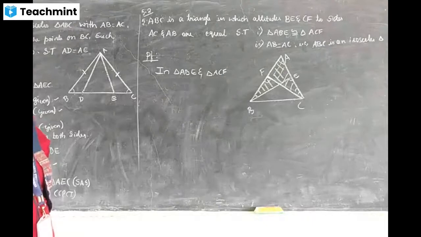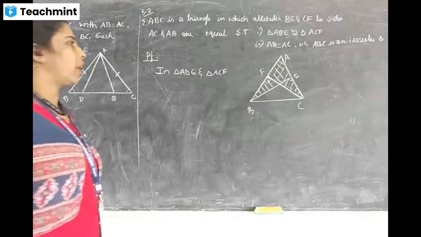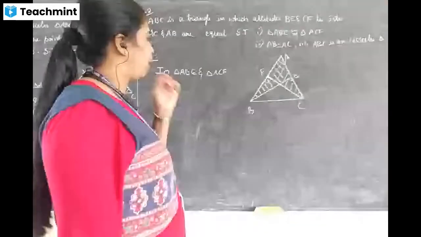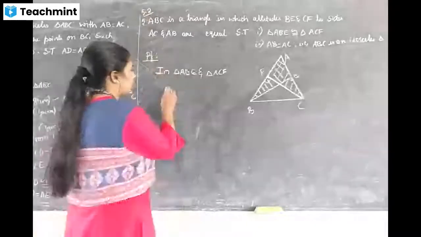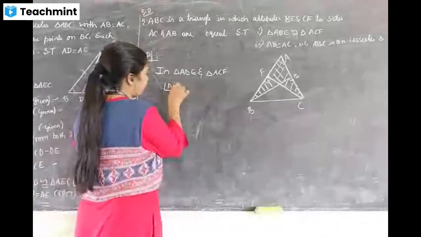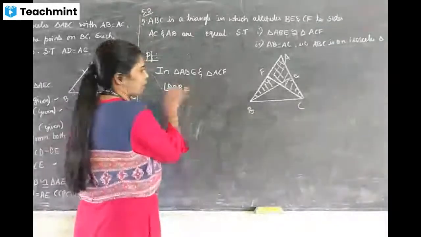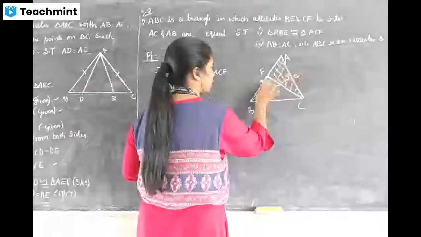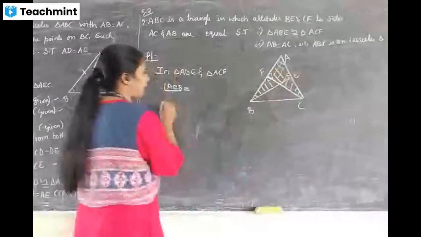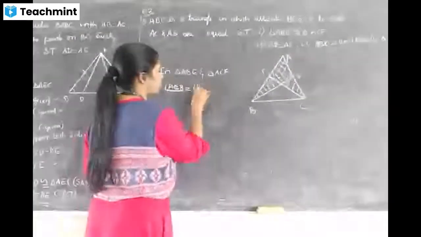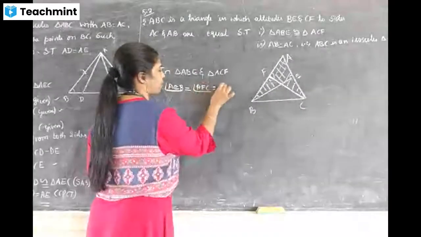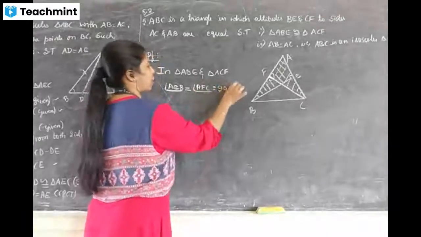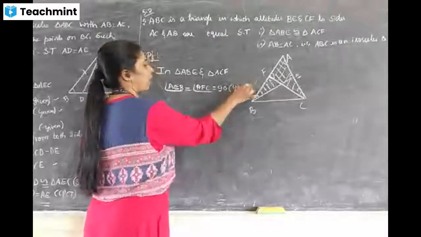Angle AEB. Correct, very good. Angle AEB is equal to which angle? AFC. Good. 90 degrees. It's given. Okay, next.